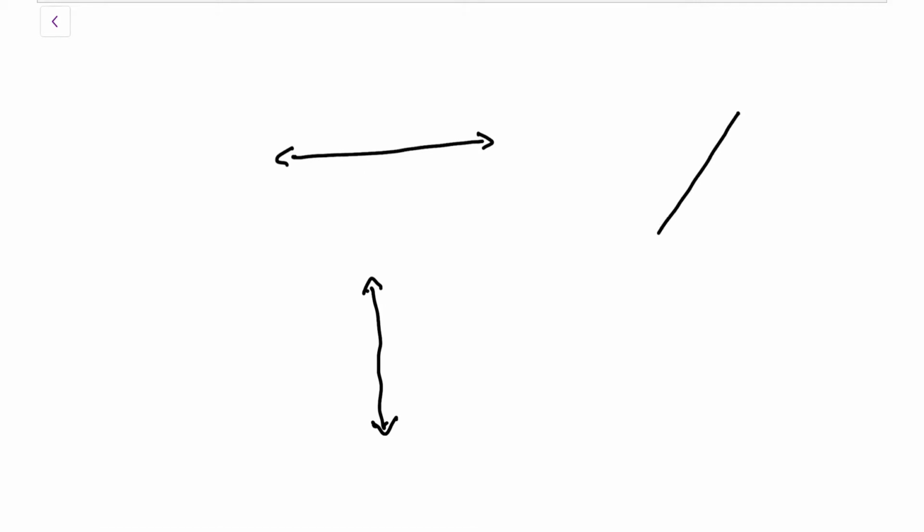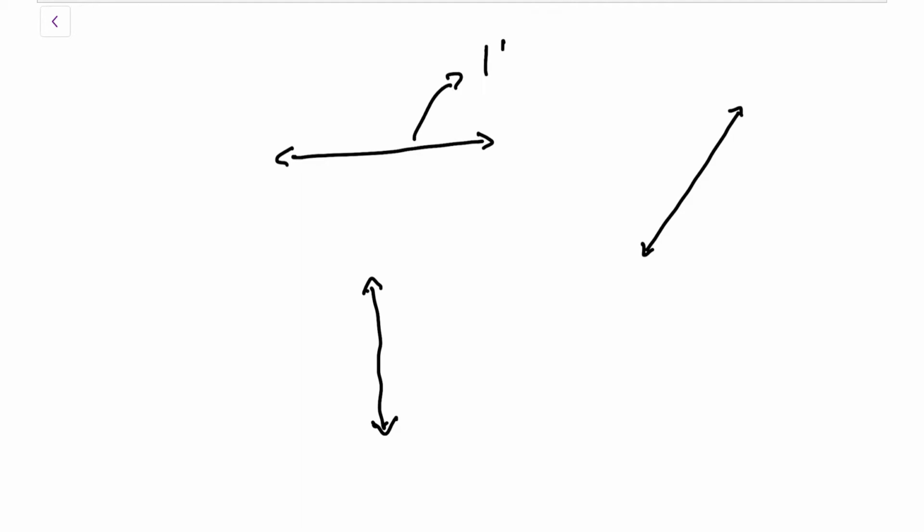Now, a sleeping line is called a horizontal line. As you can see, this is a horizontal line. And a standing line is called a vertical line. And then a line slanted to one side like this is called a slanting line.